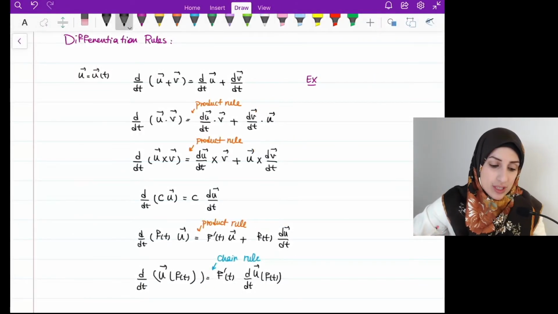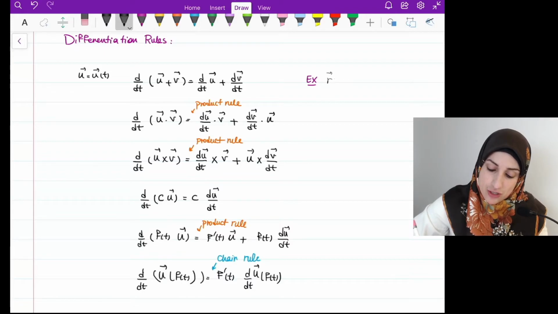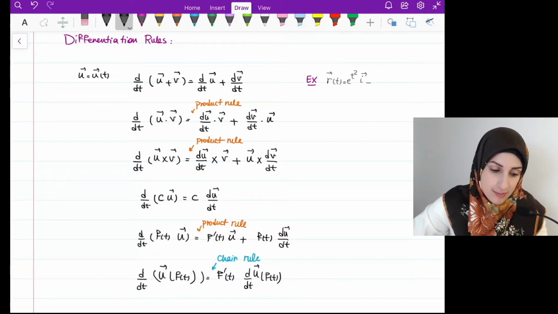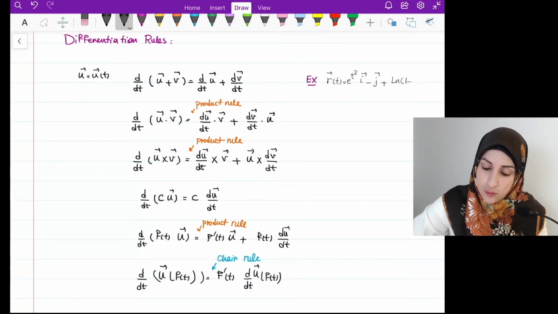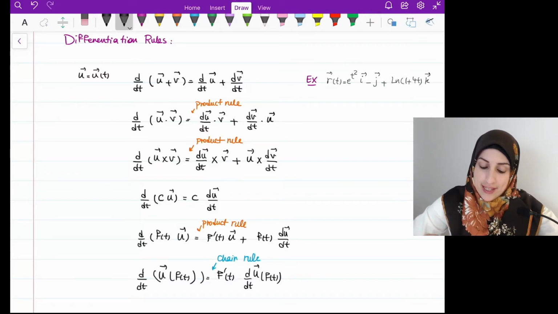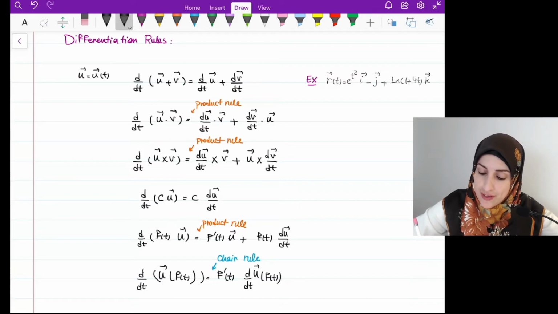And the example is this. The function r of t is e to the t squared i minus j plus ln of 1 plus 4t times k. Now I want to find the derivative of that.